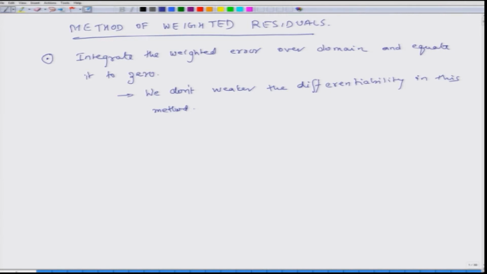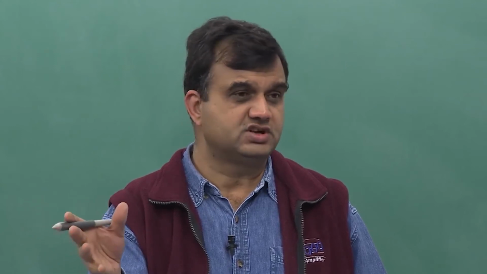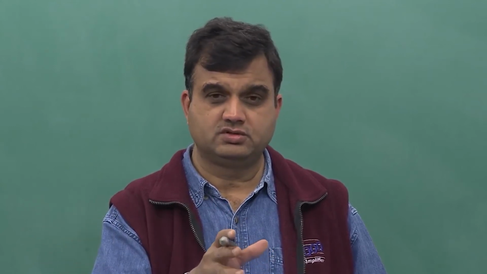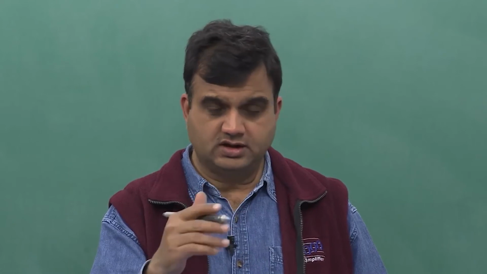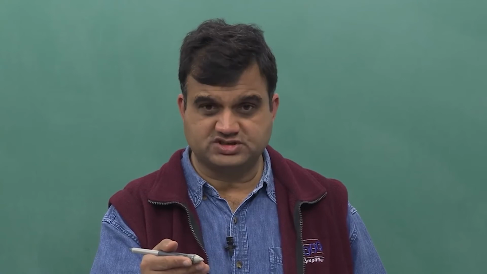What this directly means is that in Rayleigh-Ritz approach, because we have a weakened differentiability, when we shift the differential operator from u, which is the dependent variable, to w, which is the weight function, then some boundary terms come in this process, right.